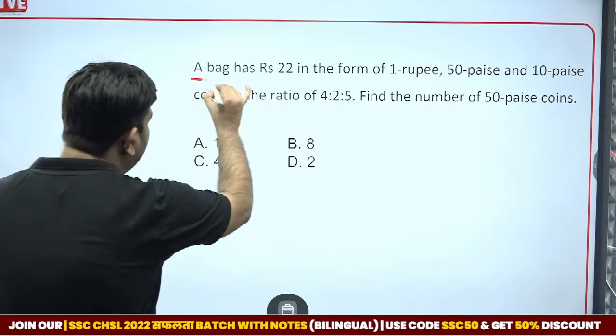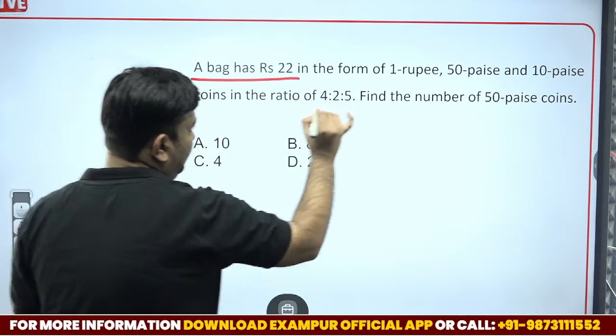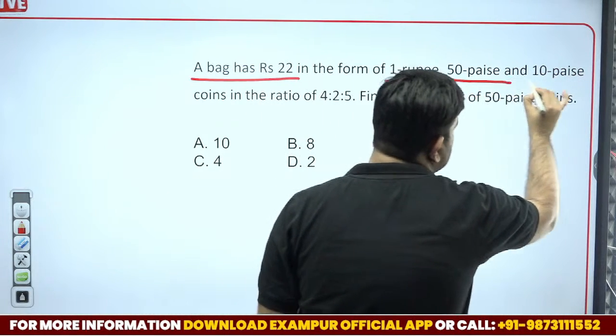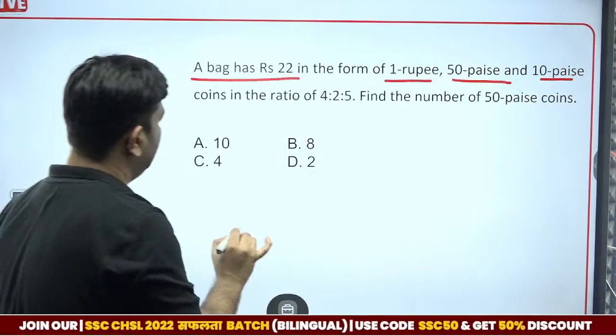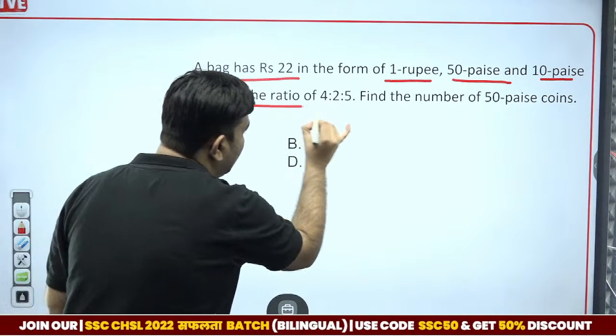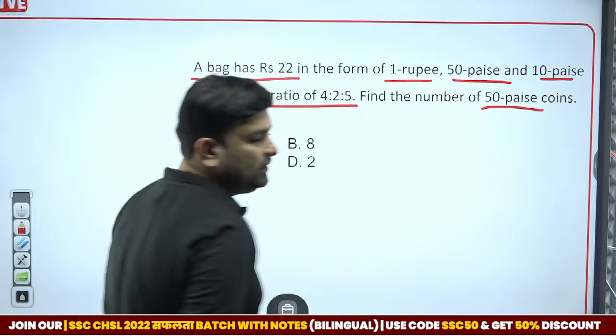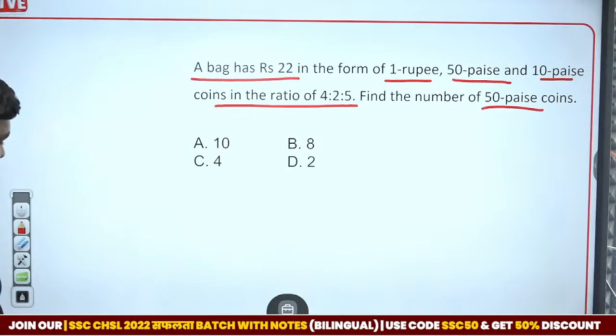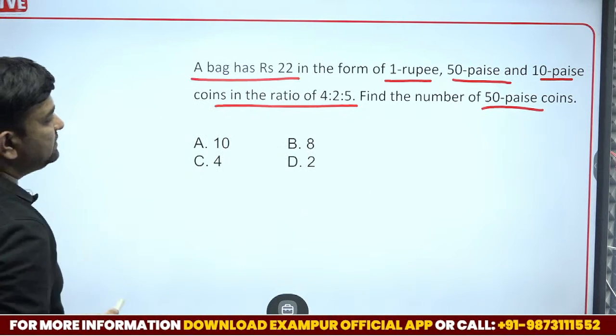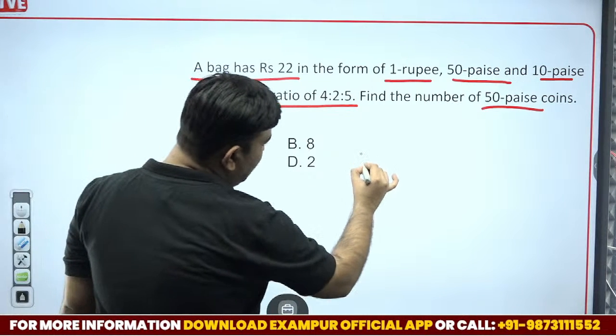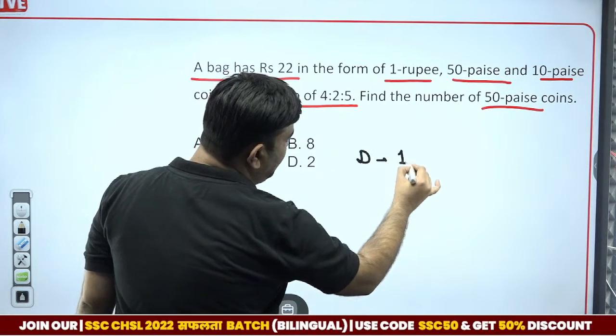A bag has 22 rupees in the form of 1 rupee, 50 paise, 10 paise coins, and the coins are in the ratio 4 to 5. What is the number of 50 paise coins? So, the denominations are 1 rupee.